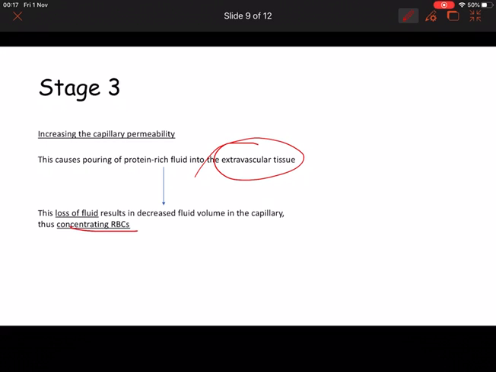This results in increased viscosity and finally slowing of blood flow. Now, as the blood flow slows, leukocytes and mainly neutrophils accumulate along the capillary endothelium, and then they are transcytosed to the interstitium. We'll be learning this process in detail in the next part of this video.